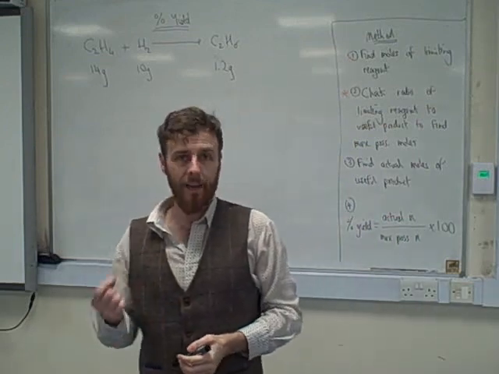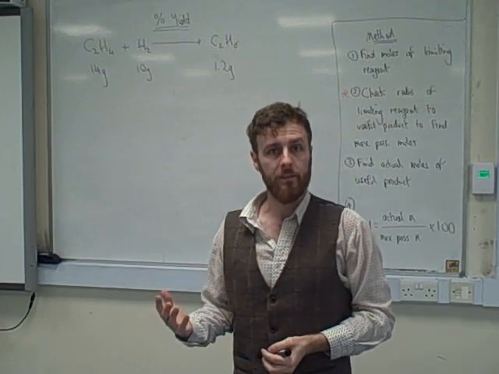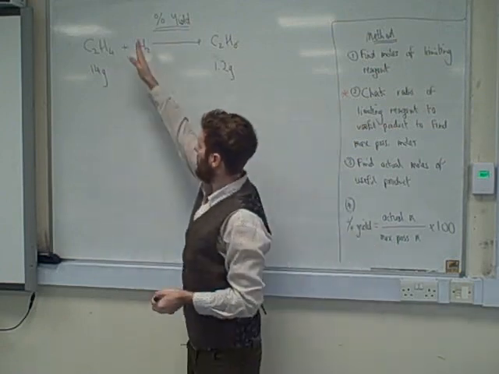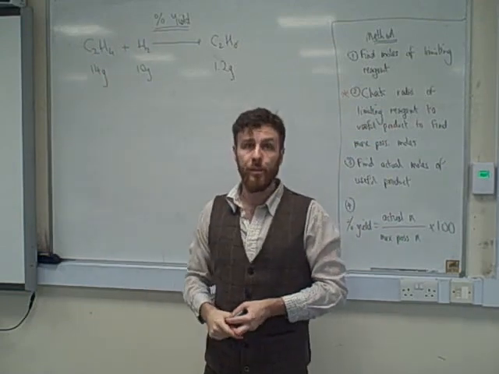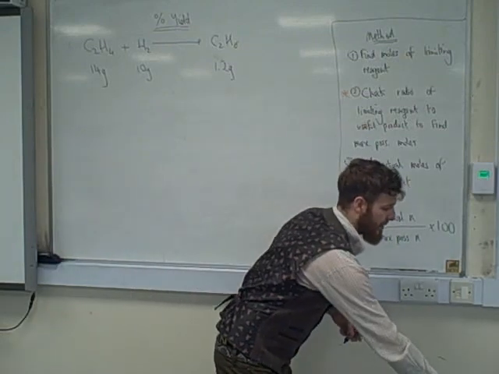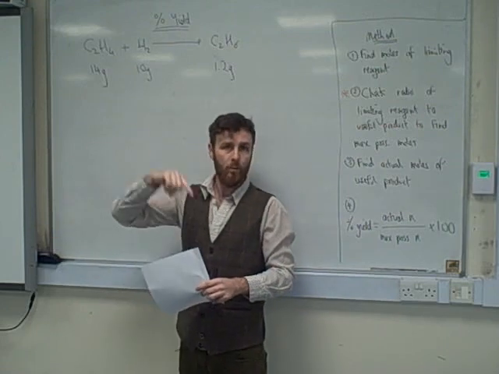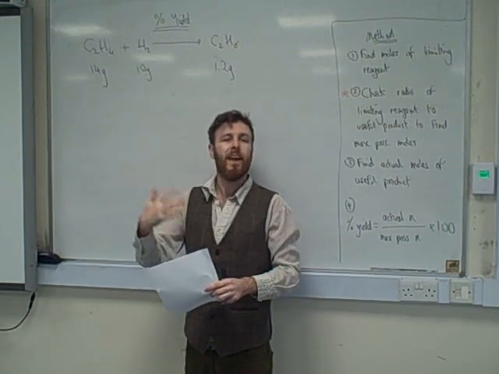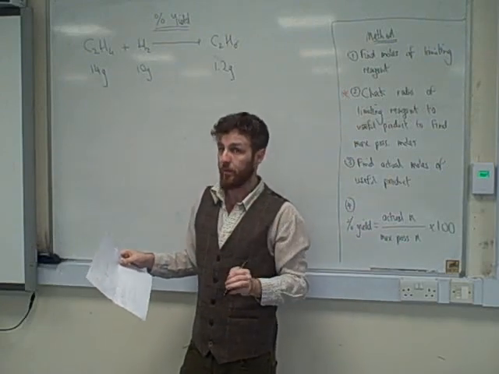Now the limiting reagent is the reagent that you run out of first. So if everything's got a 1-to-1 molar ratio, it's going to be the reagent you have the least moles of. So let's figure out which is the limiting reagent, and incidentally the other chemical we would say is in excess. But we don't care about that, all we care about is the limiting reagent.